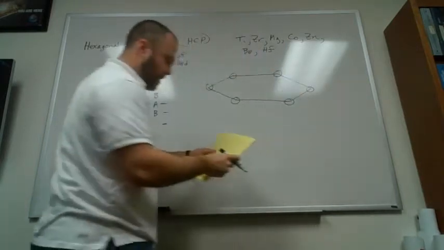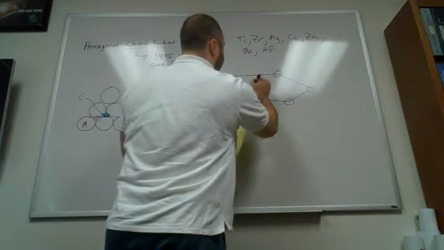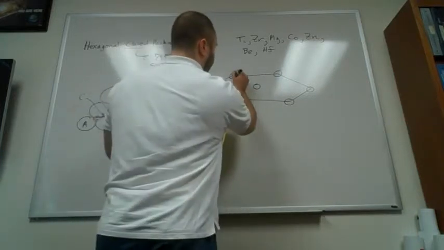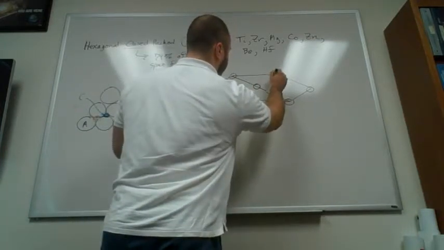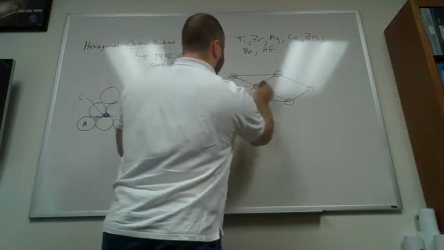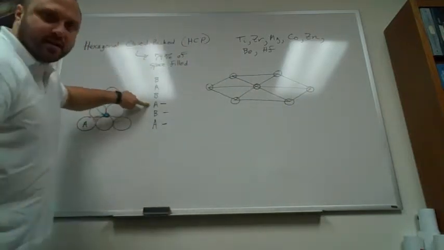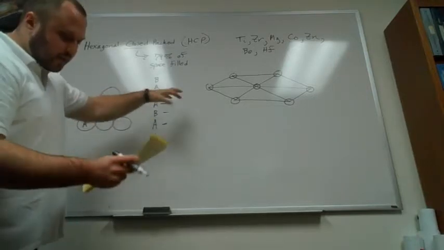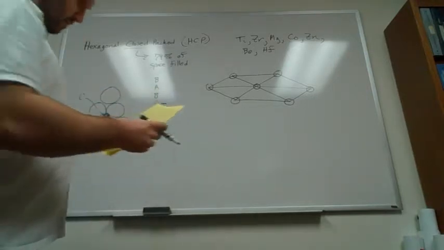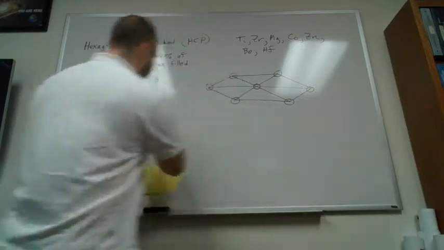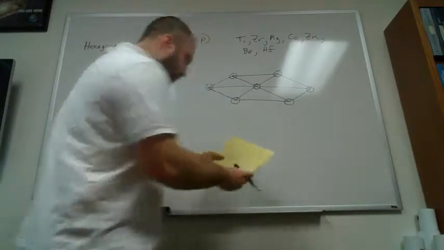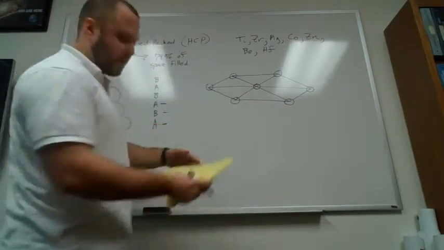I'll make a hexagonal shape, and then I'll have an atom in the center. And if I want to, I'll often see these things connected like this. All right, so that's this A plane right here. I'm going to draw the B plane below it, and then the other A plane below it. It actually turns out it's a little bit easier to draw that first A plane when I do this.